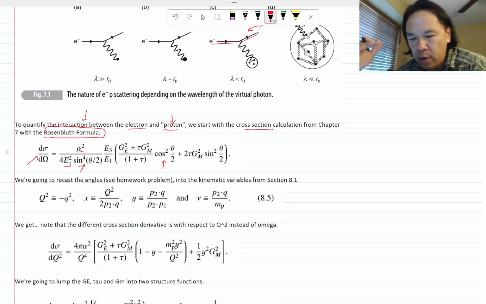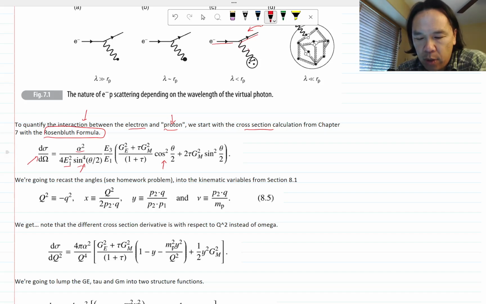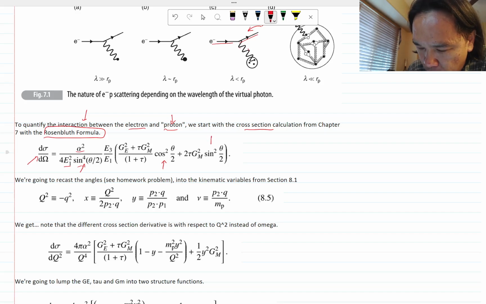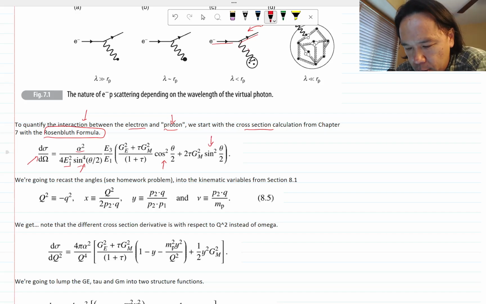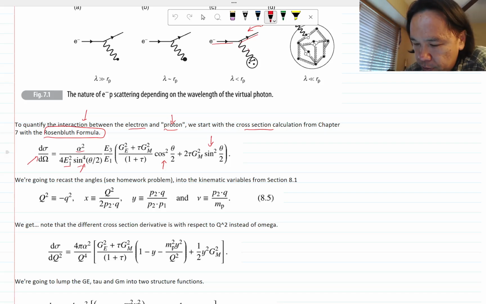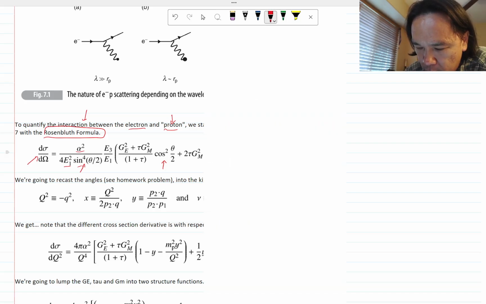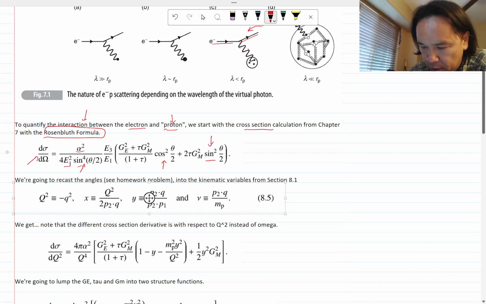Just a reminder, as these particles are moving at relativistic speed toward each other, the magnetic field actually dominates how much they scatter off each other as opposed to just the electric field. And then we have the purely magnetic part, whereas when we have added the recoil part of the cross section, we have the sine squared theta over 2 term.